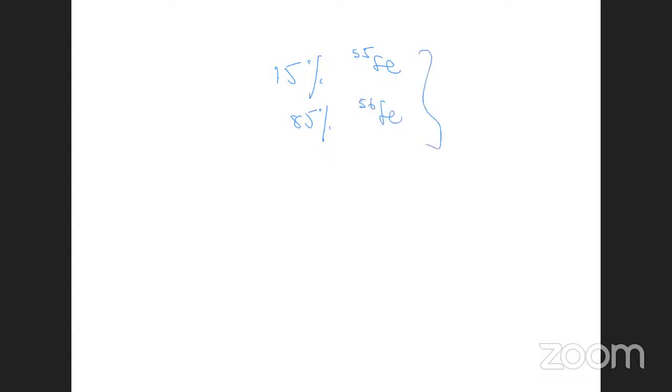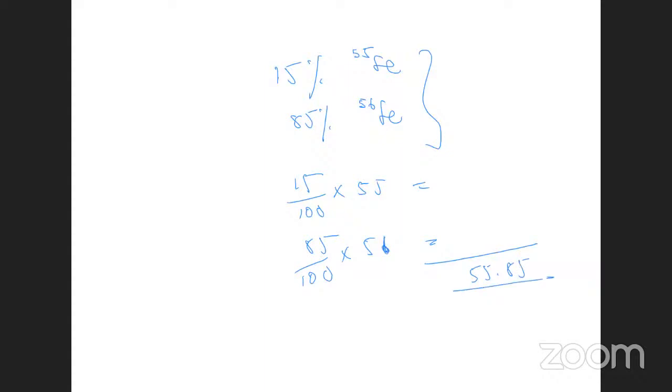So if they ask for the average atomic mass, you get 15 divided by 100 times 55, plus 85 divided by 100 times 56. You get a value here, 55.85. So this is the average atomic mass, given in AMU.